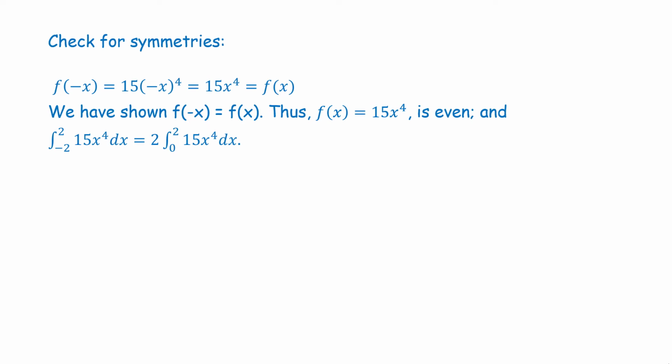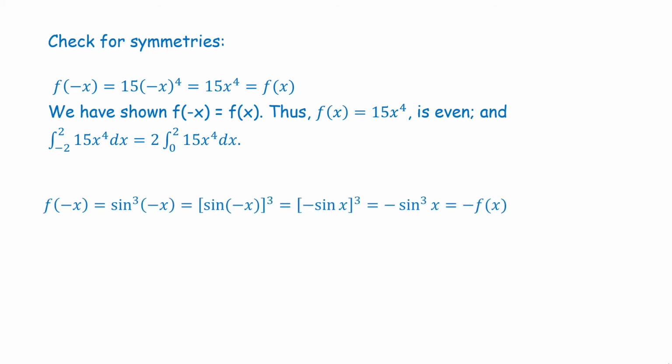Let's check for any symmetries of the sine function, that is, compute f of minus x. That would be sine cubed of negative x. If it's helpful, put brackets around the sine of negative x and then raise that to the cube. Then working from the inside out, the sine of minus x is minus sine of x.